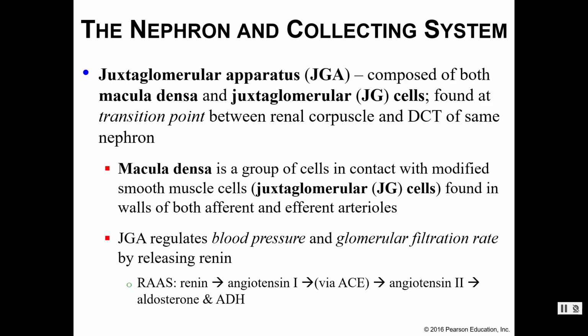Efferent arterioles take blood away from the glomerulus. So we go in through the afferent, through the glomerulus, and out through the efferent. So, who cares? Oh, we totally all care. Your juxtaglomerular apparatus, your JGA, helps you regulate your blood pressure.